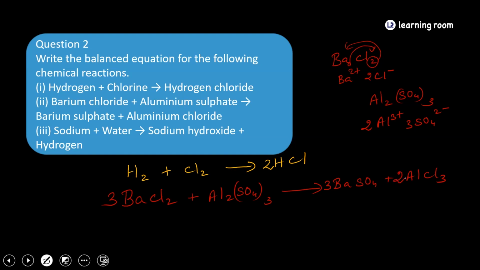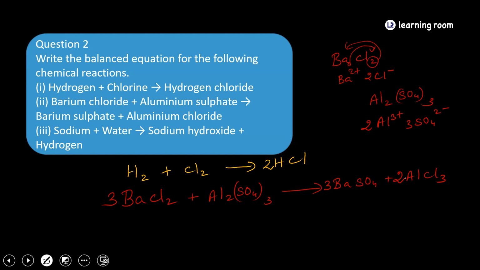When you put the 2, it will be balanced. Am I right? 2 aluminum. So in the reactant side you consider 2 aluminum, product side how many aluminum? Product side we have 2 there. 2 solved. 3 sulfate is there, here sulfate is thrice. The product side sulfate is thrice. Correct? And then chlorine is 6, this side also 6, so it is neutralized.